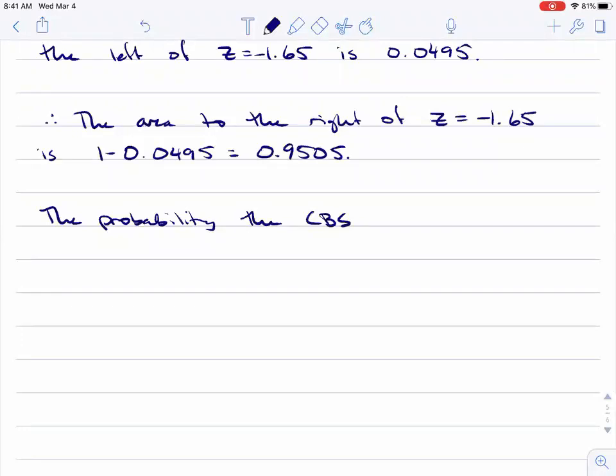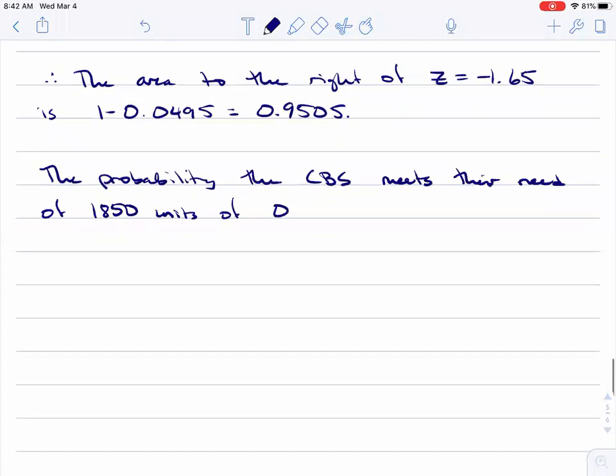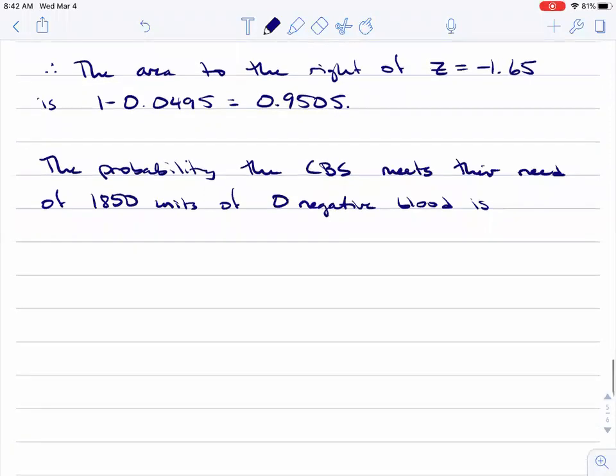So the probability that the Canadian Blood Services meets their need of 1,850 units of O-negative blood is approximately 0.9505, right? Or 95.05%.